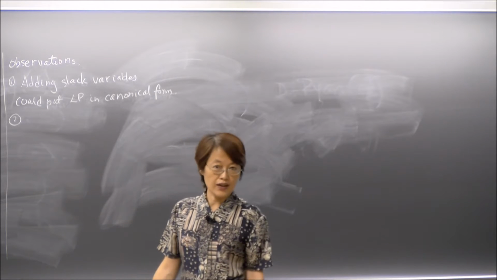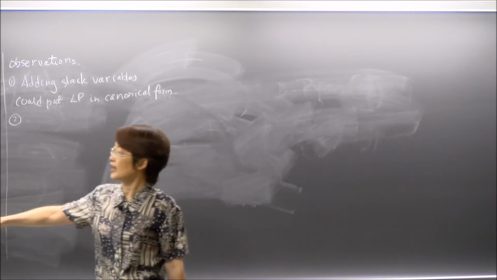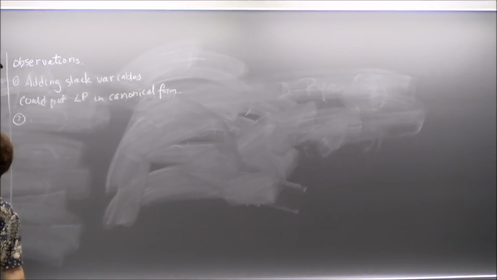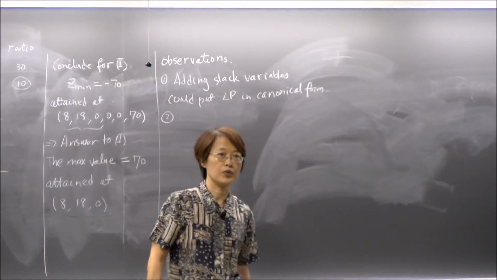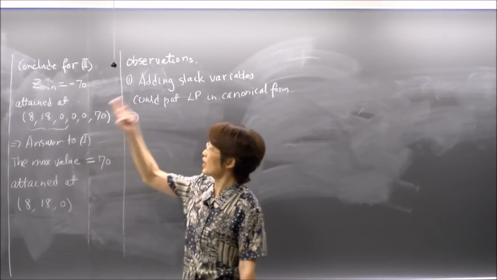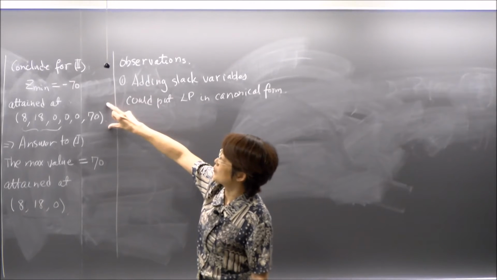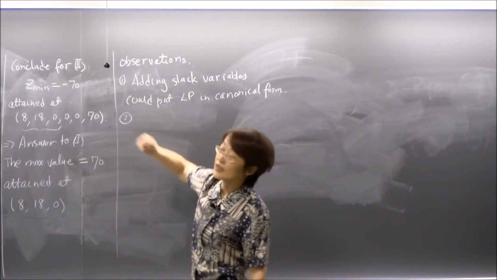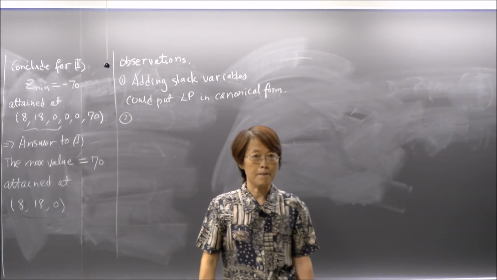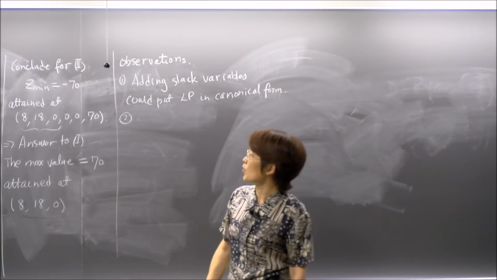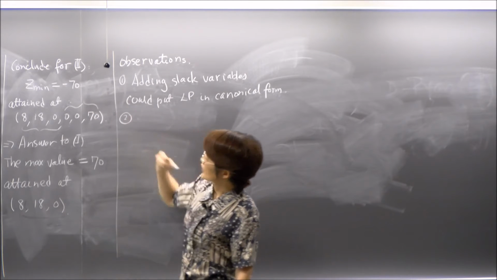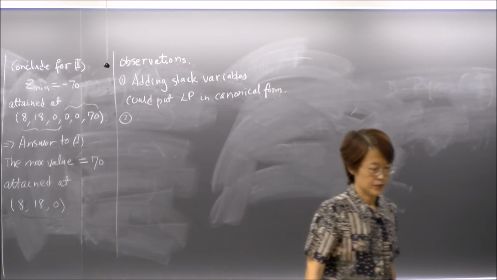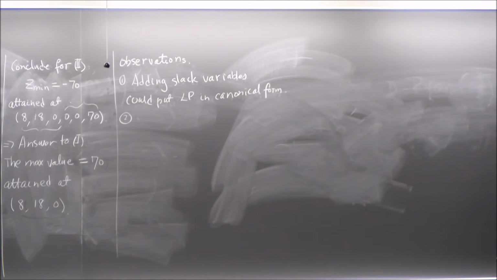Can we extract that information without plugging this solution in and checking the value? Just looking at what we have on the board, and in particular, looking at the solution we got here. So these three numbers here, the slack variables, their value in that basic solution, what does that tell me?